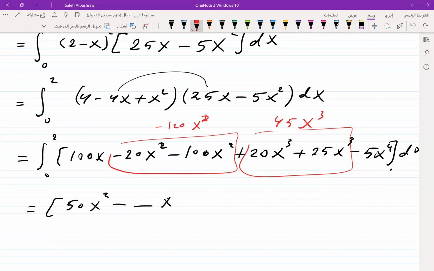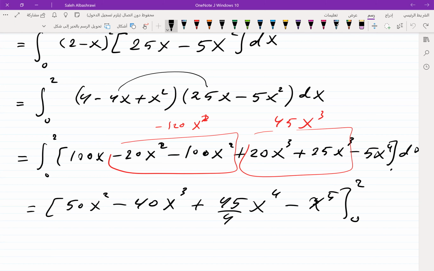So the integration will be 40x to the power 3 plus 45 divided by 4 x to the power 4 minus x to the power 5, from 0 to 2.